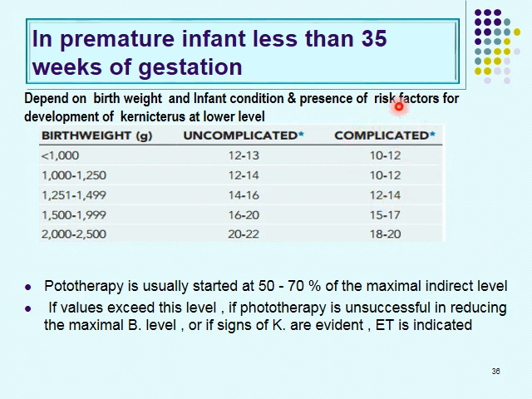So these are patients with risk factors and those patients without risk factors, and these are the levels of exchange transfusion. Phototherapy is usually started at 50 to 70% of this maximum level. If the value exceeds this level, or phototherapy is unsuccessful in reducing the bilirubin level, or signs of kernicterus are evident, exchange transfusion is done.